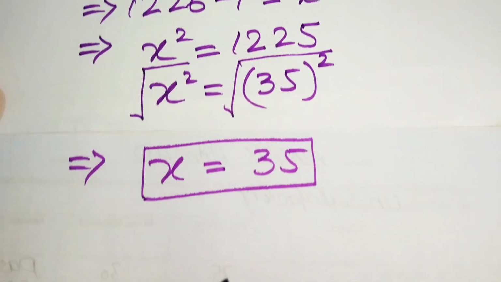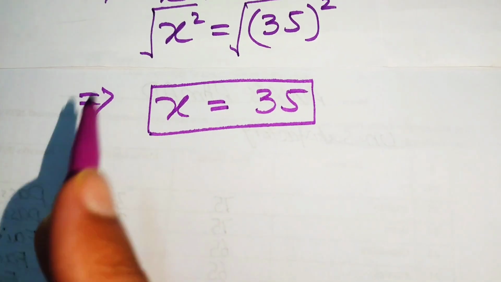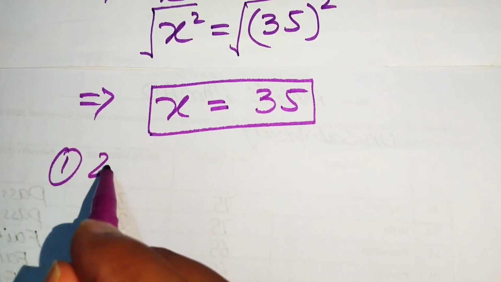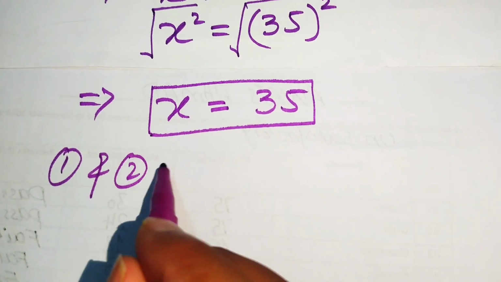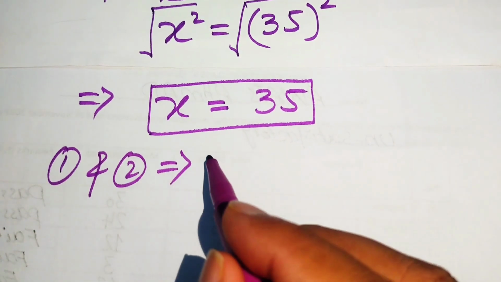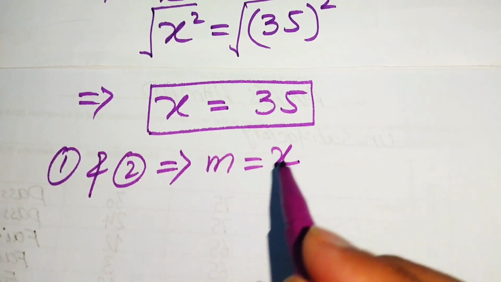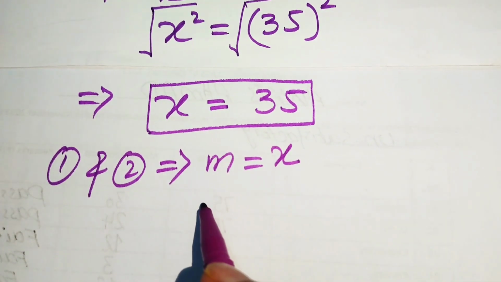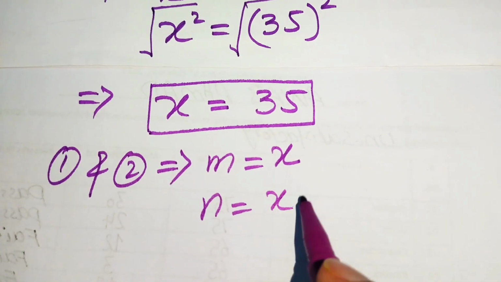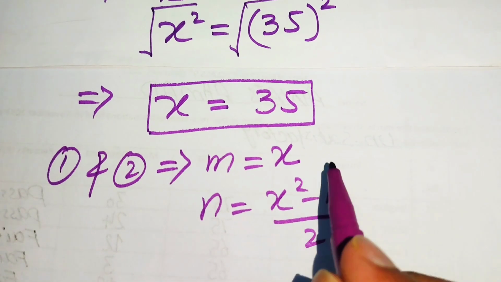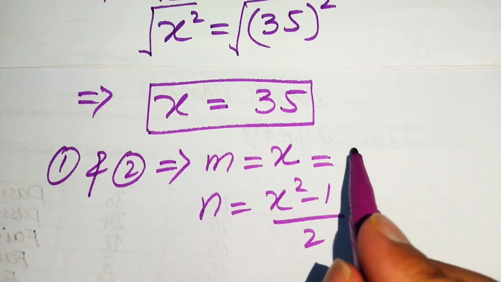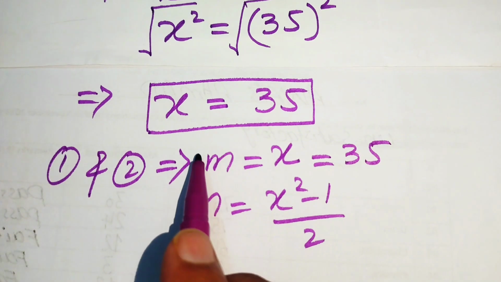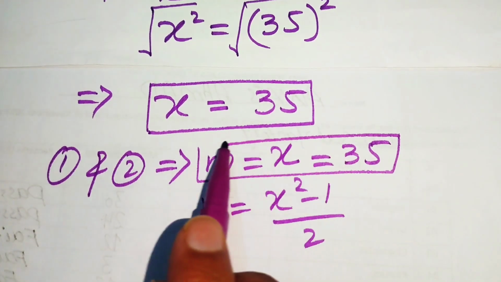Now equation number 1 is m equals x, and equation number 2 is n equals x square minus 1 over 2. We have the value of x is 35, so this is the value of m.